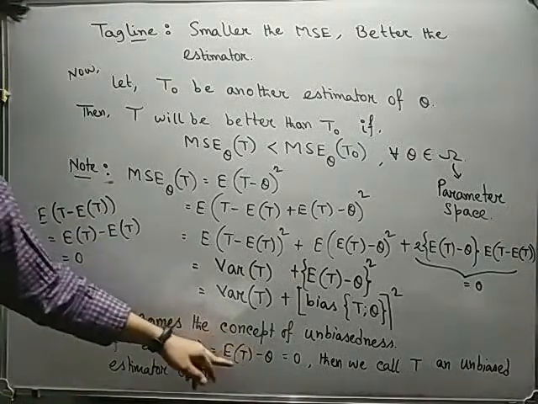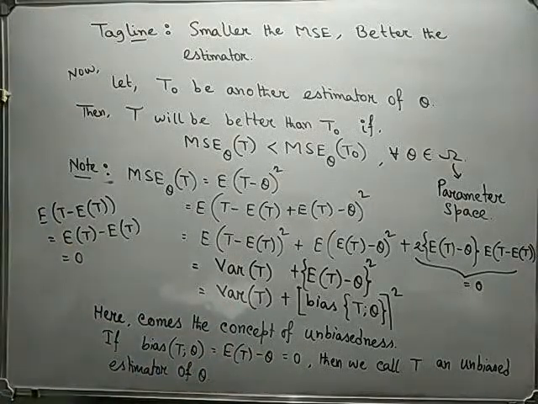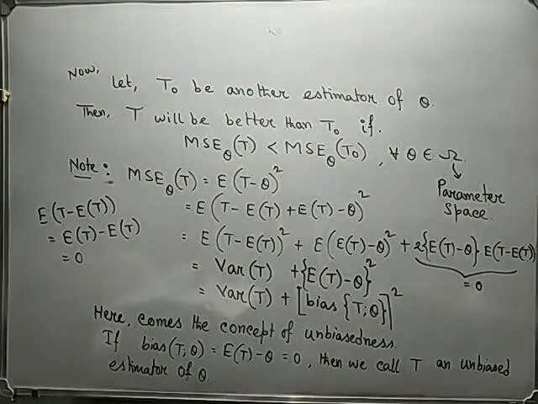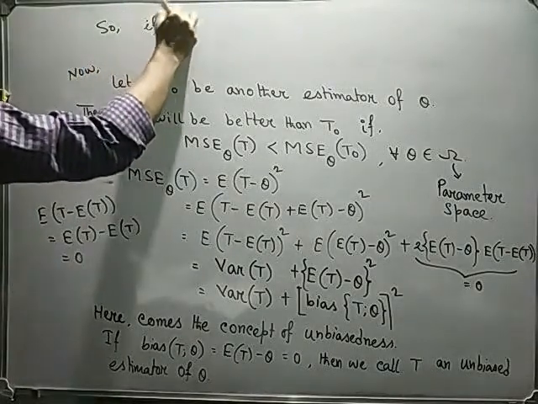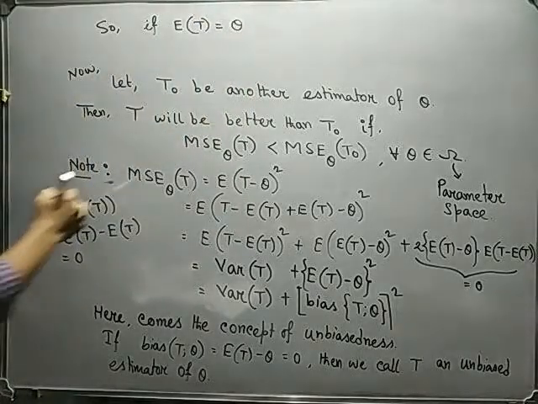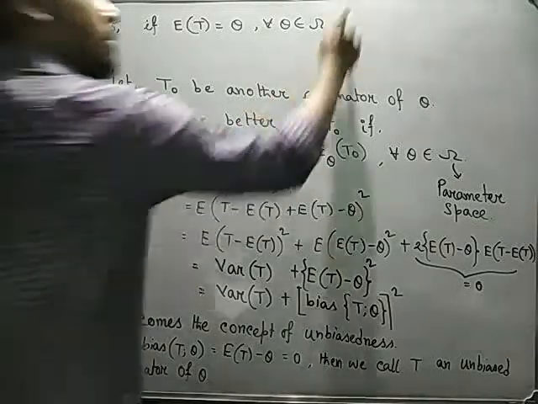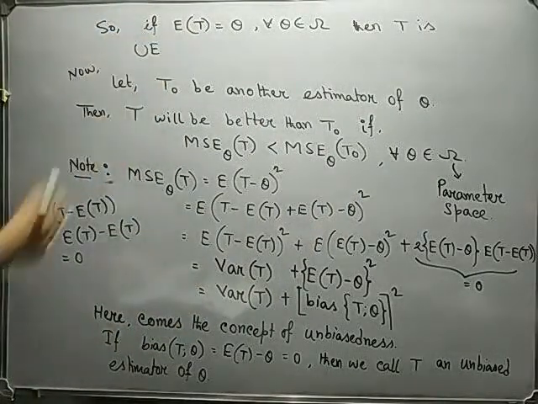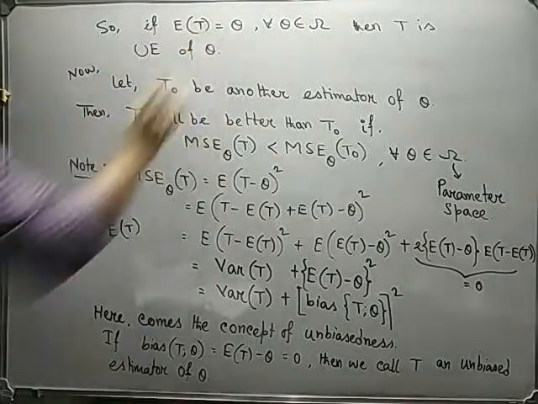That means capital T is an unbiased estimator of theta if expectation of T is equal to theta. Now the formal definition: if expectation of T is equal to theta for all theta belonging to omega, then capital T is an unbiased estimator. Here UE means unbiased estimator of theta.